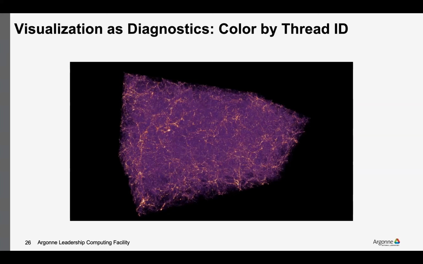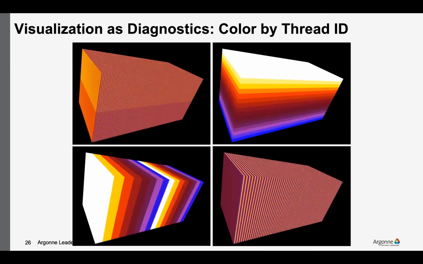Essentially, you cast rays into this data set, and where you intersect the data set, you look up its value and color it based on the value that you find at the place that you intersect. We were looking to optimize this code and parallelize it a little bit further than it already was by adding threads, so we wanted to understand better how things were performing.